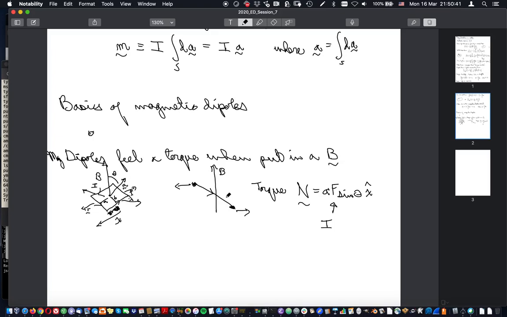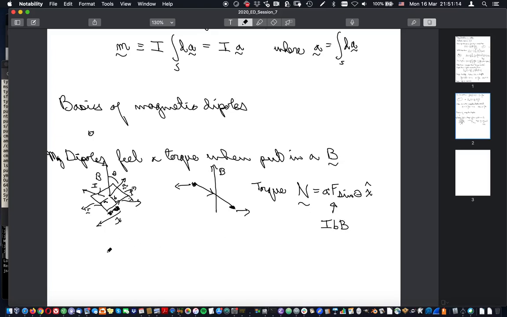And this force here, so now this length is b, so the force that I get for the torque is just I times b with this sine theta, but now the force is proportional to the magnetic field, so I've got this. Okay, so now we can recognize, because the product of a times b is really the area of this whole thing, which is really, again, the notation is a bit unfortunate, but the vector length here is the surface that I have here, which is little a times little b.